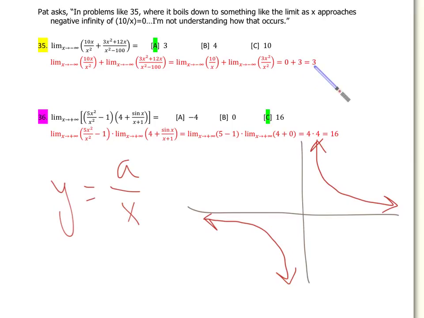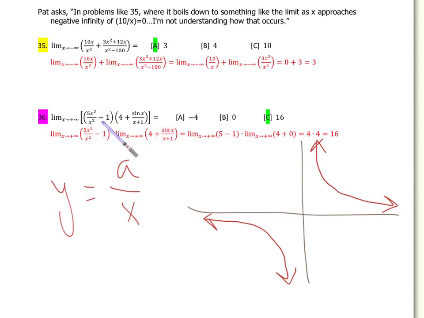All right, while I have you here, 36 is the exact same kind of idea, except instead of the limit of an expression that has something plus something, now it's the limit of an expression that's something times something. And what's this going to equal? Well, let's figure out what this term is going to become way out on the right on the x-axis, and let's multiply those together.